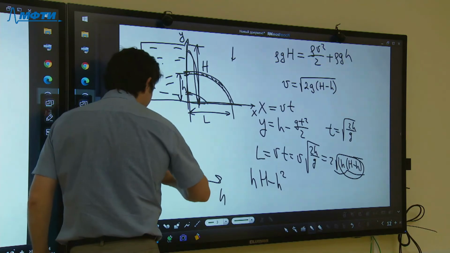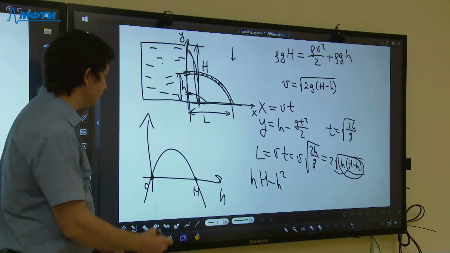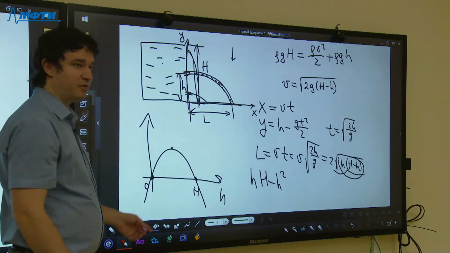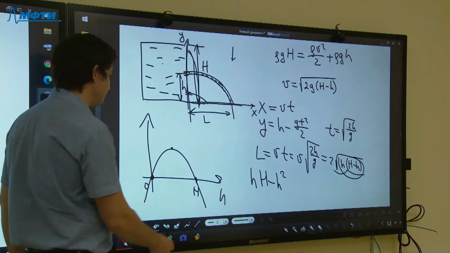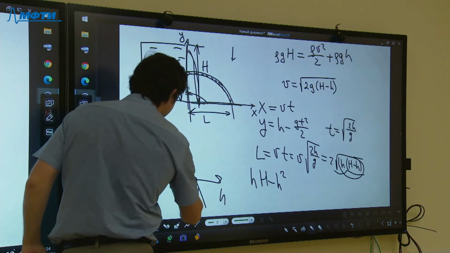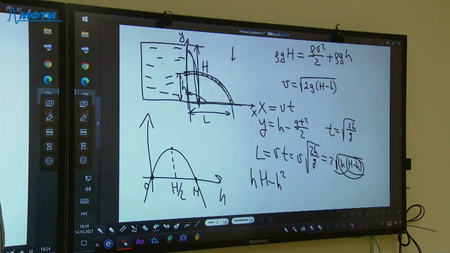So in between these 2 points, I have this parabola, and I need to find where the vertex of the parabola is. And since the parabola has a symmetric shape, that means that my vertex is located at H over 2. So I can do this even without the derivative.